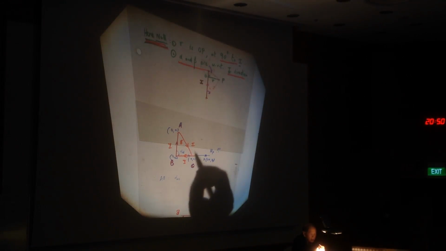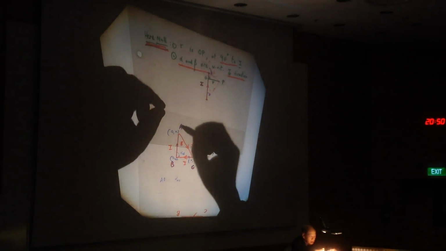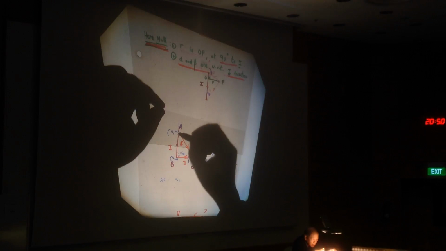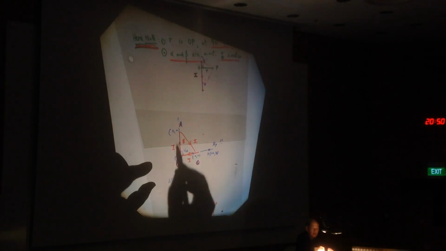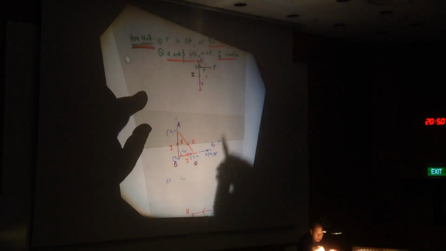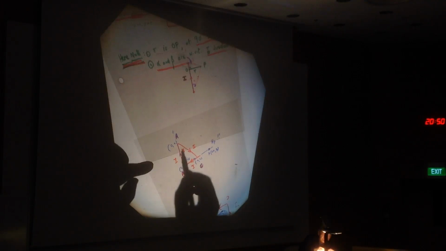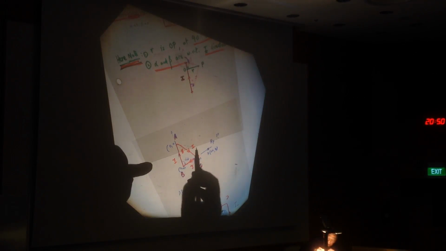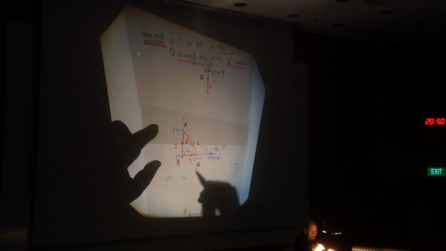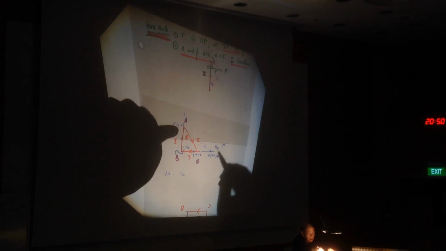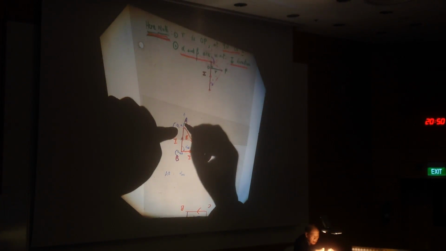How about the angle beta? The current goes this way, and the line from the top here to the point P is here. Go with the arrow again. So the angle is beta for AB.